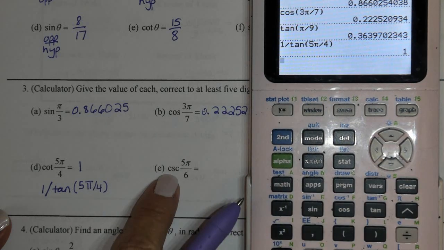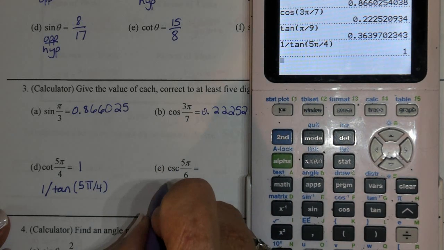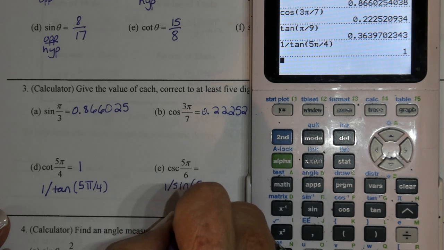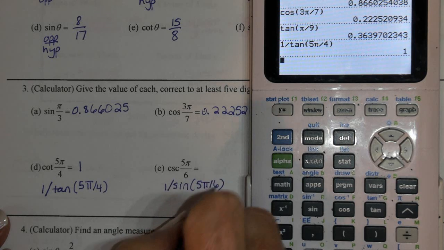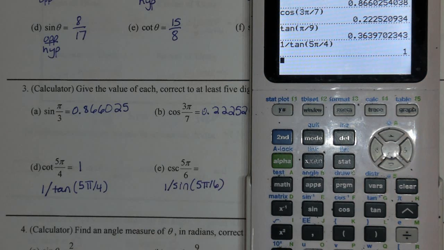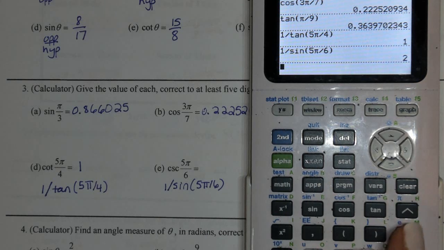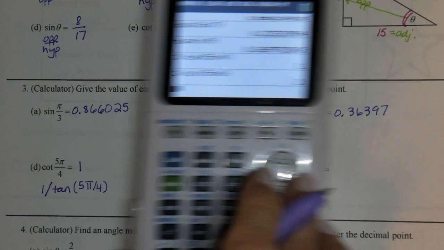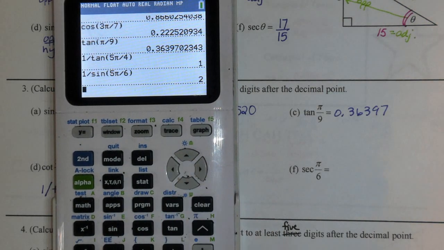All right. Cosecant is the flip of sine, so I'm going to be typing in 1 divided by sine of 5 pi over 6. That's what I'm typing in. 1 divided by sine 5 pi over 6 is 2. Okay.